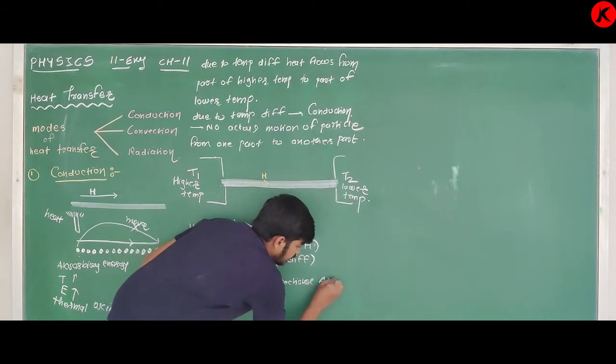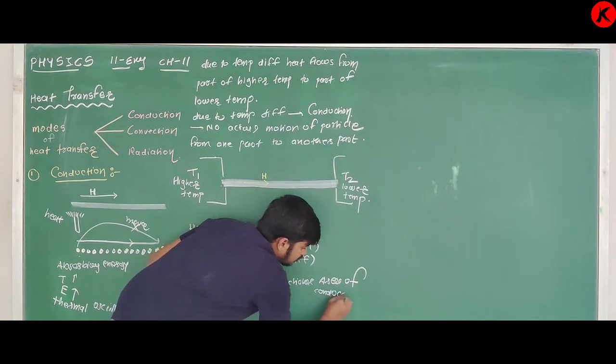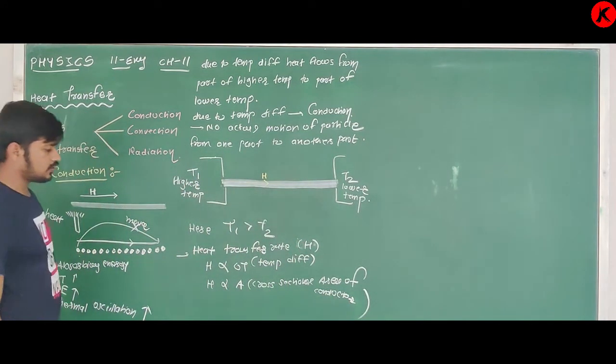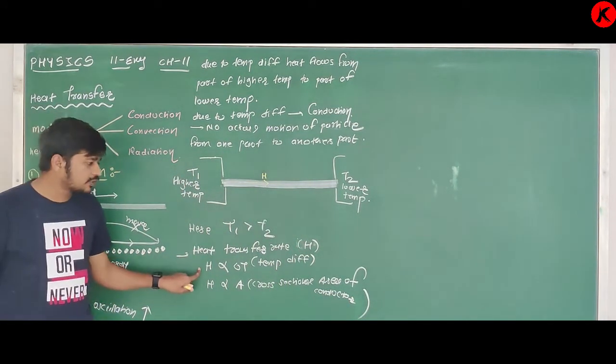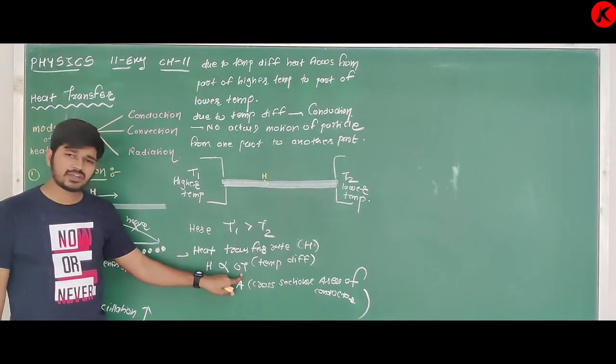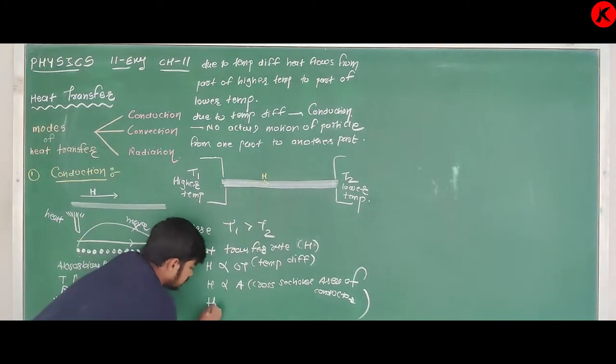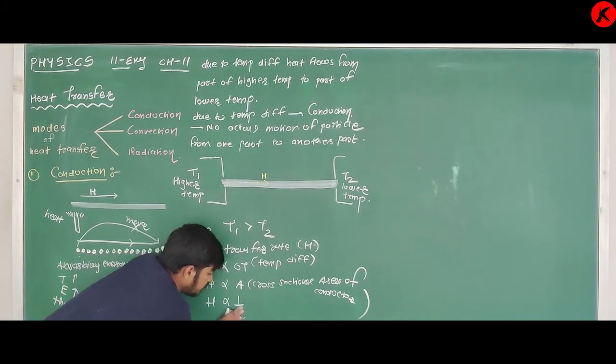Cross-sectional area of this conductor. Okay. So yes, the rate of heat transfer H is proportional to delta T, that is the temperature difference. H is proportional to A, and H is inversely proportional to its length.